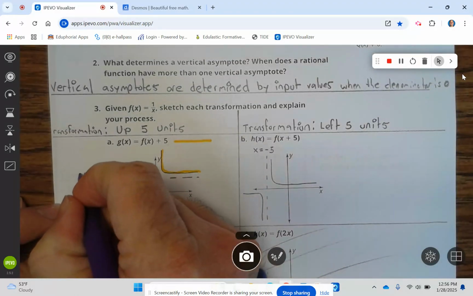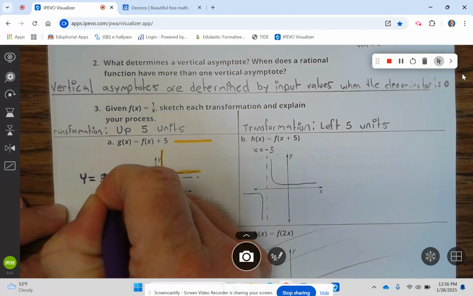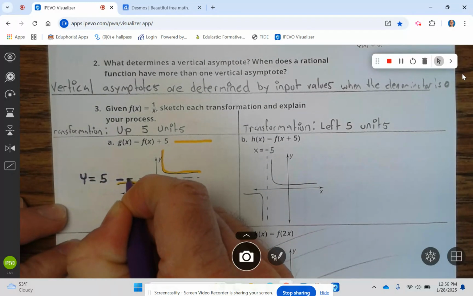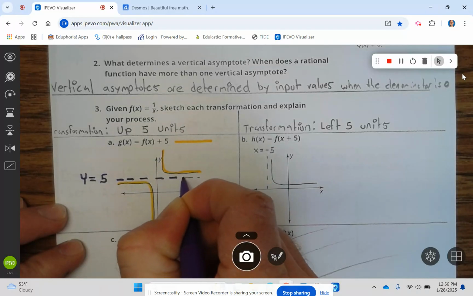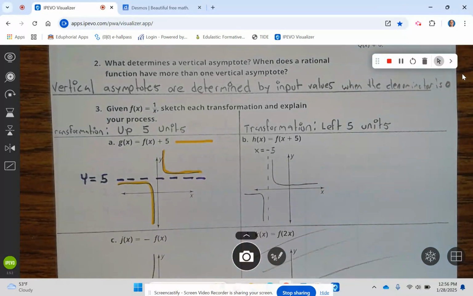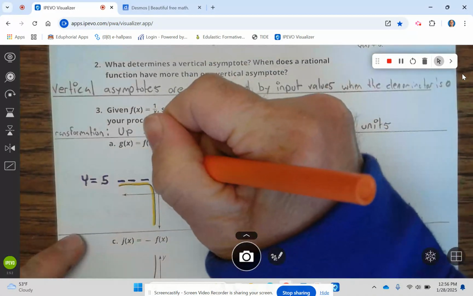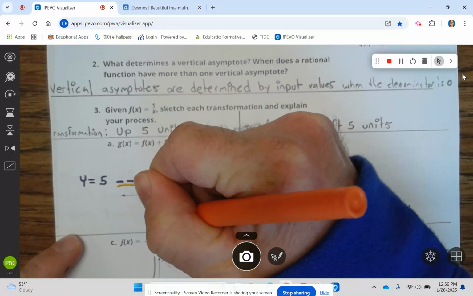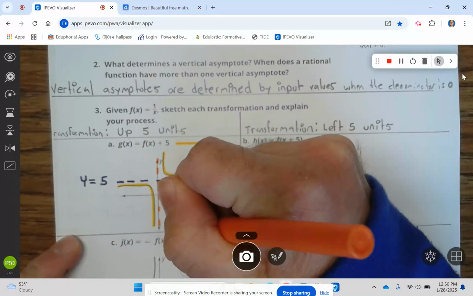You have a horizontal asymptote at y equals 5, and a vertical asymptote at x equals 0.